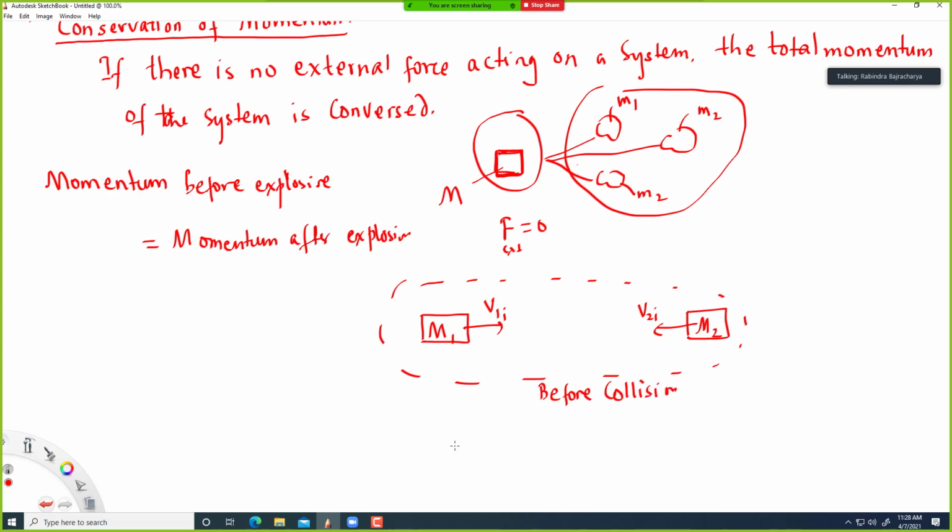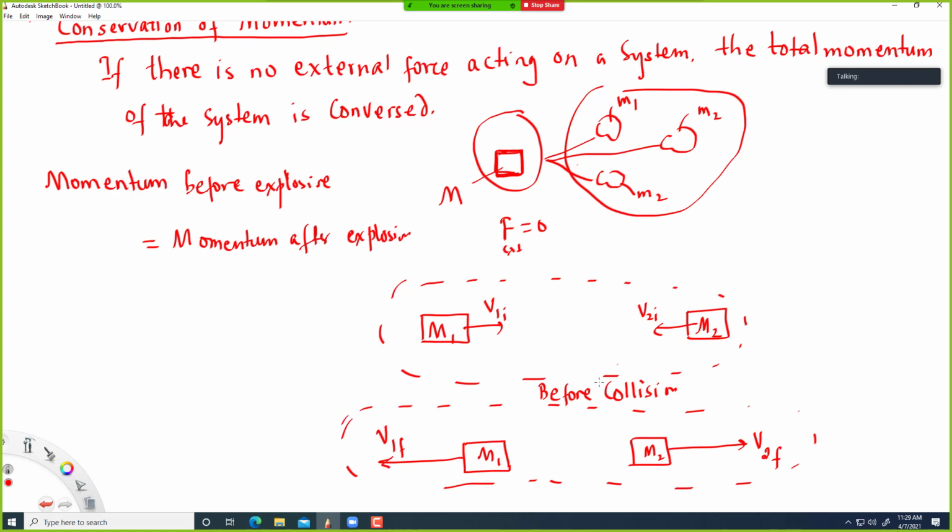Now at some point they collide, and after collision they bounce back, they move in the opposite direction. So m2 moves in this direction at some other velocity called v2 final, and m1 moves in this direction at v1 final. Again, this whole thing is the system. The upper one is before collision, and the bottom one is after collision.